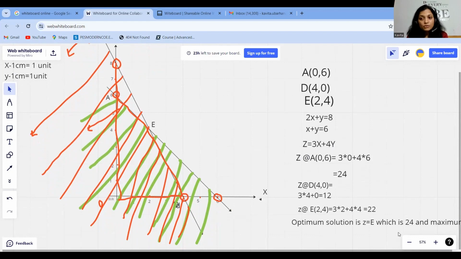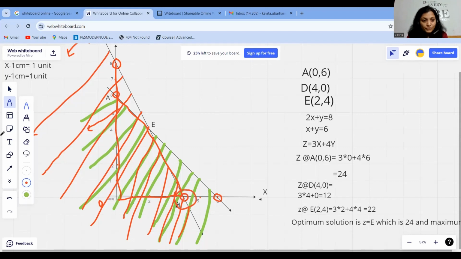So z is equal to 24 when x is equal to 0 and y is equal to 6. Now we'll find the value of z when x is 4 and y is 0, at point D, which is here.